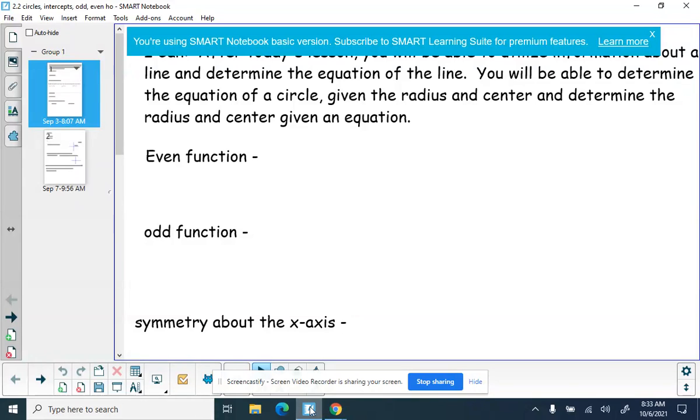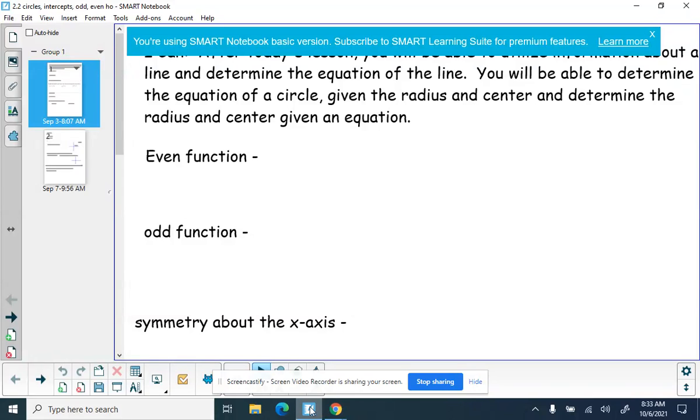Talk about the x-intercept, we'll talk about y-intercepts today.